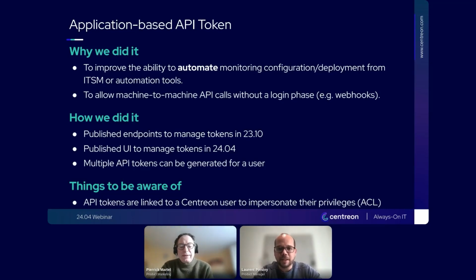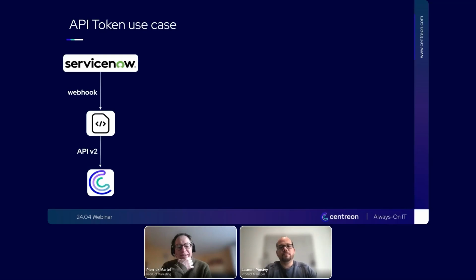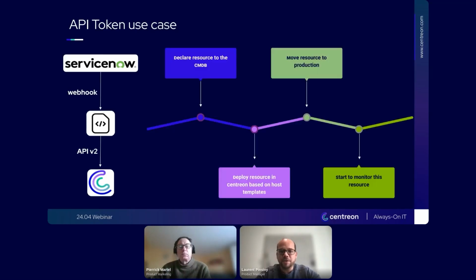Okay. Let's see an example of a use case. Yeah, so here is the web interface. It's really easy to configure a token. Don't forget to copy your token when you generate it because it's impossible to read it again. And for a use case, I chose ServiceNow, but it could be any CMDB or ITSM tool having a webhook. And with this webhook, when you create a workflow in your ITSM tool, you can configure Centreon.